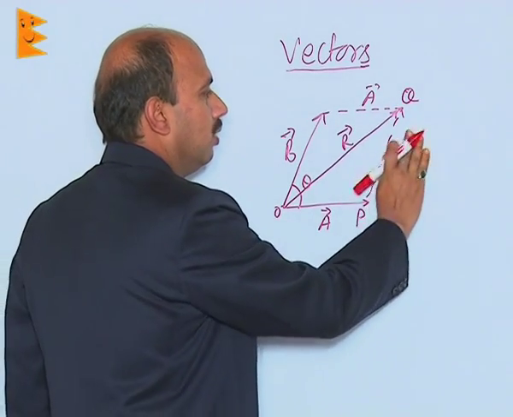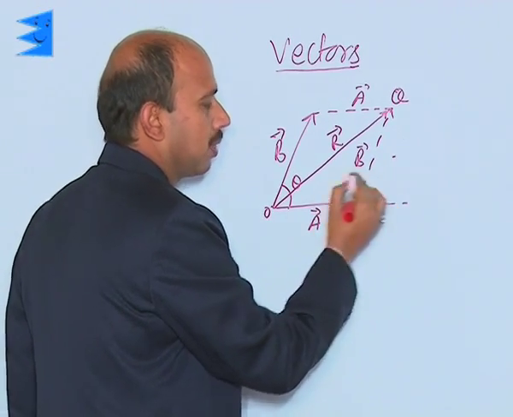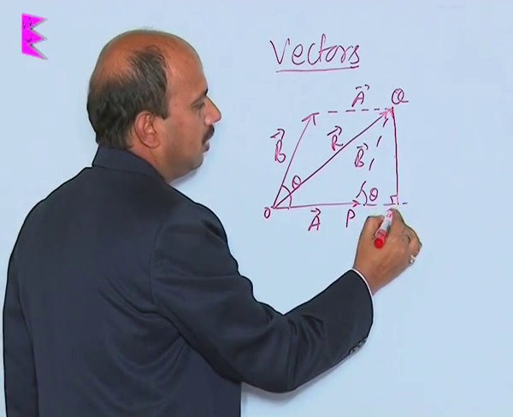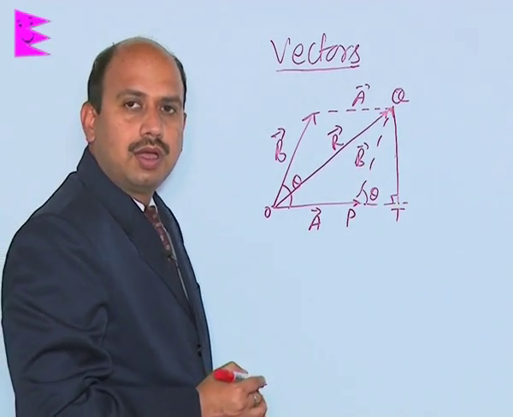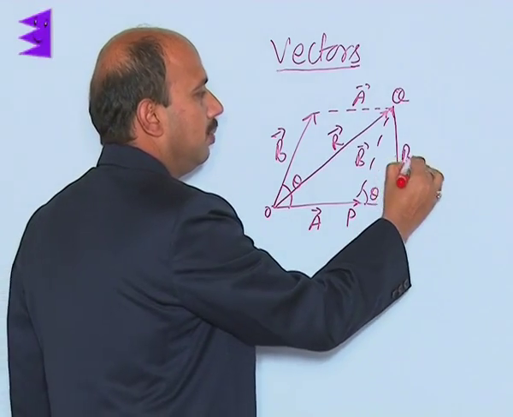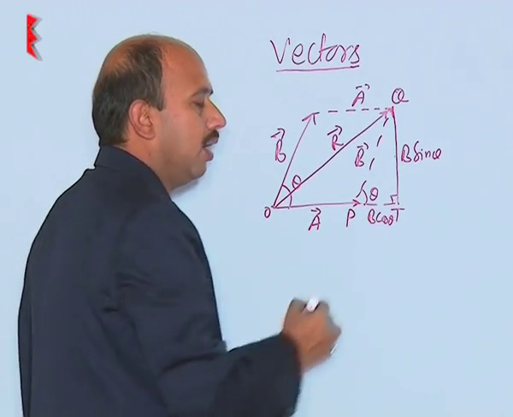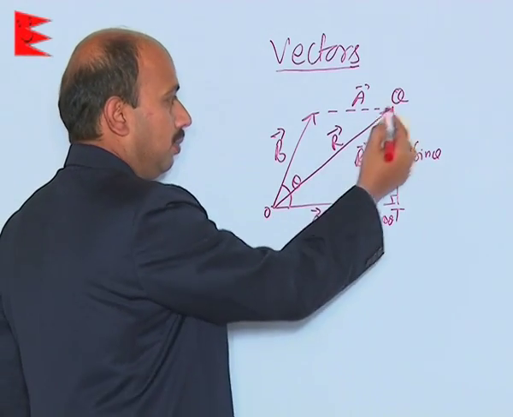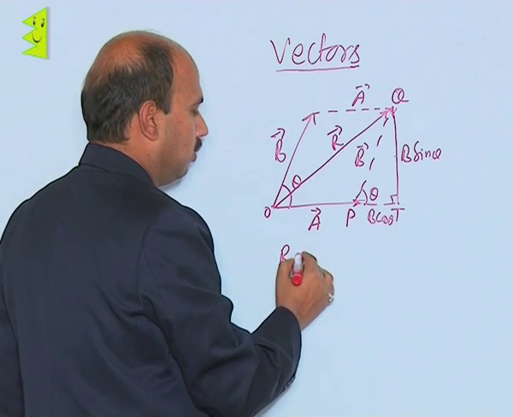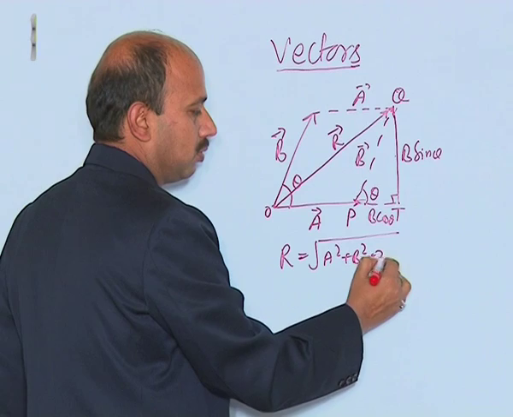Now, what we do here, this is vector B, and this angle is also theta. So, we draw a perpendicular from Q, that is here T, and by the same method as we did for the triangle law of vector addition, this will be here B sin theta and this will be here B cos theta, and by using this previous concept we can get, because this is acting as a triangle law, R is equal to under root of a square plus b square plus 2ab cos theta.